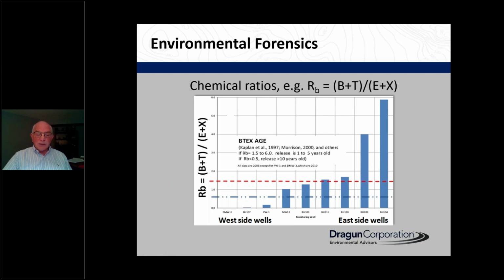So according to this technique, if RB is between 1.5 and 6, the release is 1 to 5 years old. And if RB is less than 5, you've got an older release, greater than 10 years. And this example is a site we worked on where we knew exactly when the release occurred, and this worked very well and actually helped us to identify that there was a second unrelated release contaminating this property we were looking at.